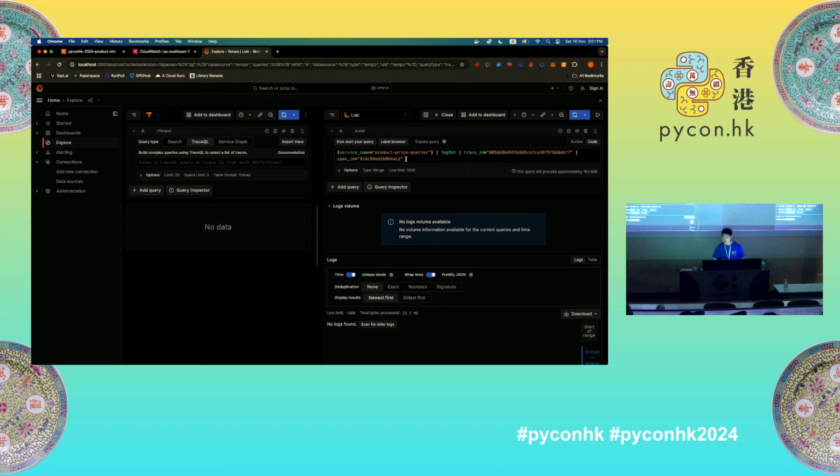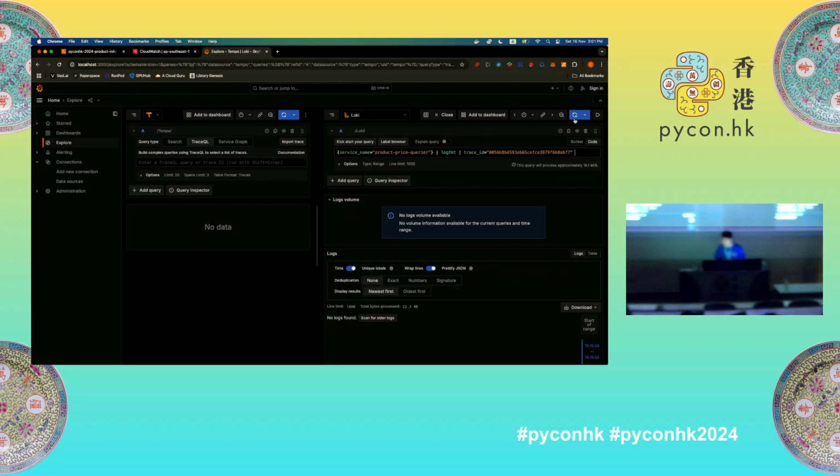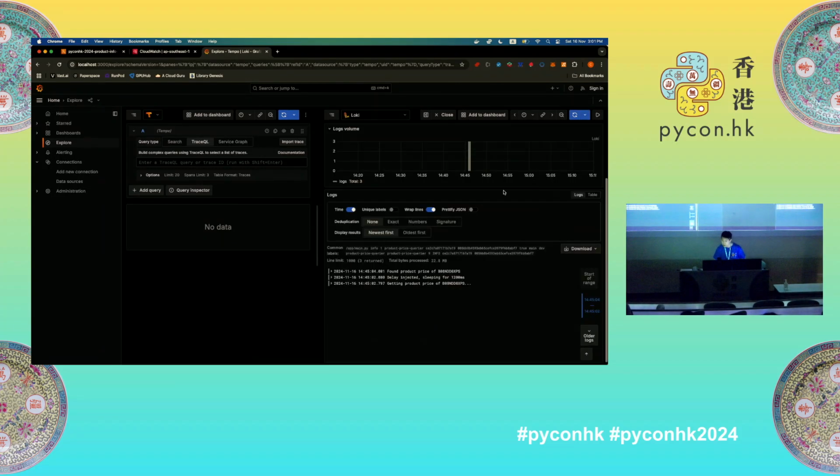If you set OTel correctly, and you click the button called connect to the log, because OTel adds the trace and span ID to your log together, then as you trace through the trace, you can see the corresponding log.